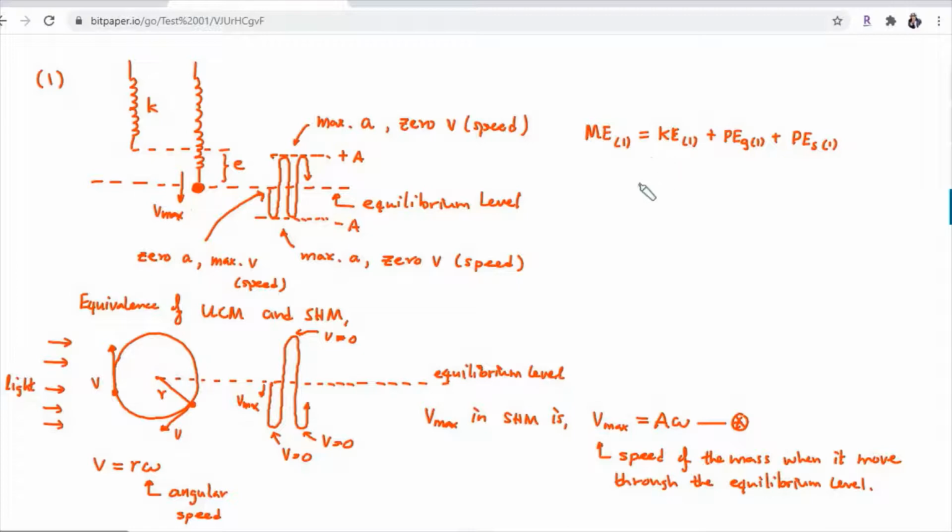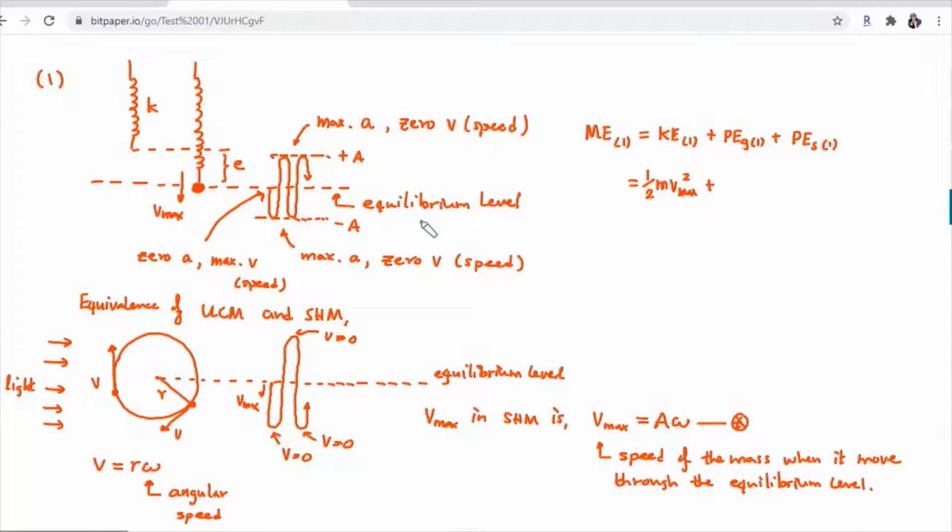Now the kinetic energy at level 1 is the kinetic energy of the mass, because that's the one that is moving. So 1/2 m Vmax squared. As I told you, the speed of the mass is a maximum when it passes through that level. So I put 1/2 m Vmax squared plus the gravitational potential energy of the system.